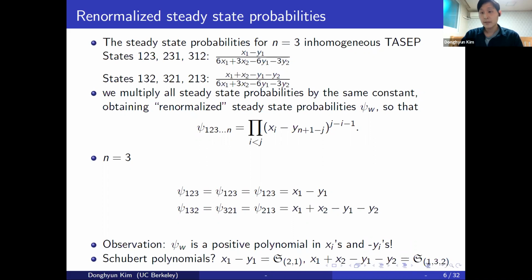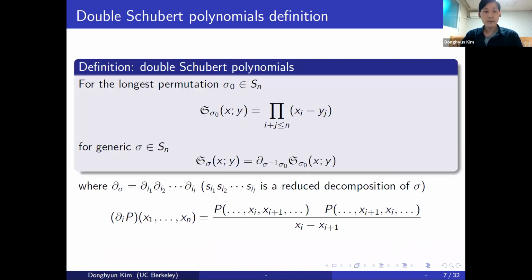And since I haven't defined double Schubert polynomials, I'll define them. Double Schubert polynomials are indexed by permutations. For the longest permutation sigma 0 in Sn, the double Schubert polynomial is defined by the product of xi minus yj for i plus j no greater than n.